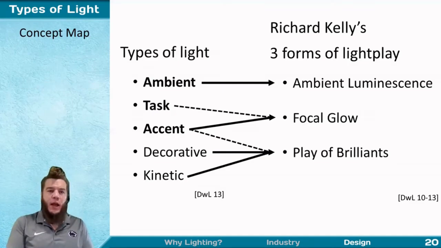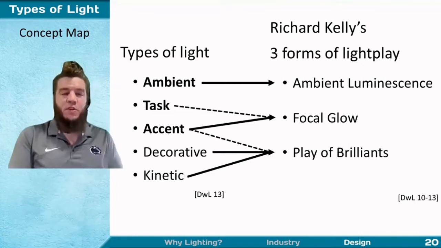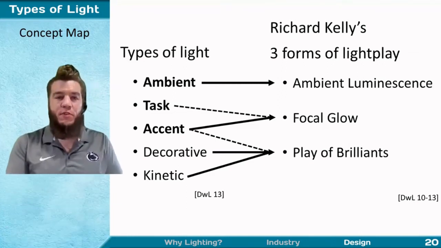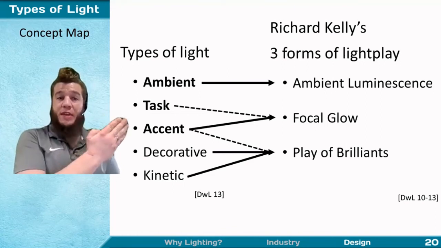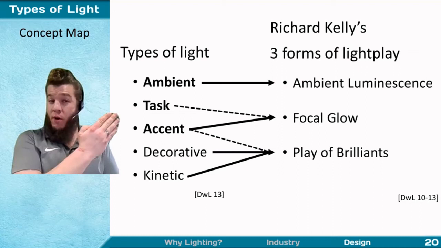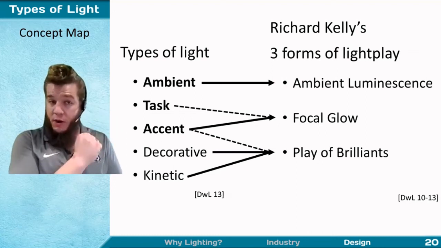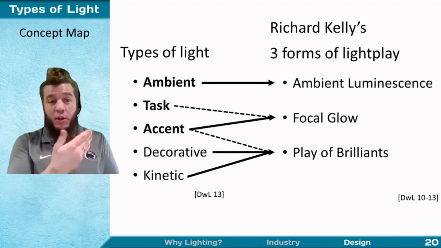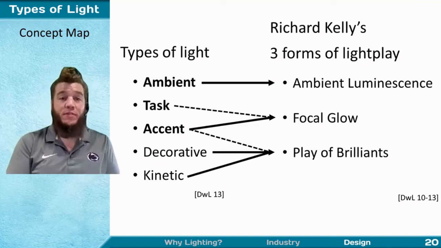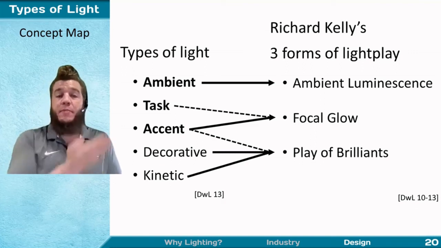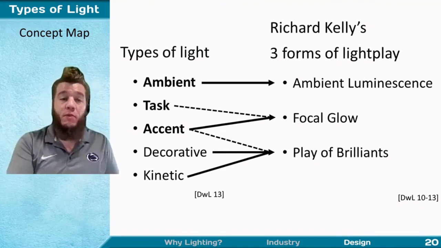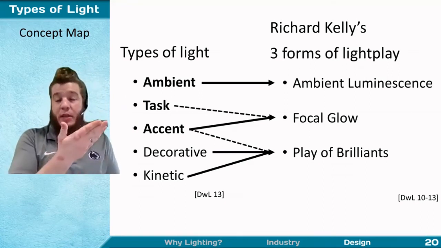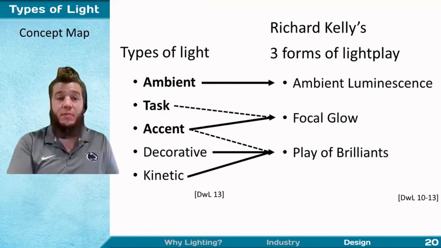So I just want to quickly map those concepts just to connect the dots for you. So the basic types of light here, ambient, task, and accent, are the core of what you're interested in for architectural lighting design and the core of what we're going to be talking about throughout the rest of this semester. Ambient, mapping that back to Richard Kelly's three forms of light play. Obviously, ambient and ambient luminescence are talking about the same concept.